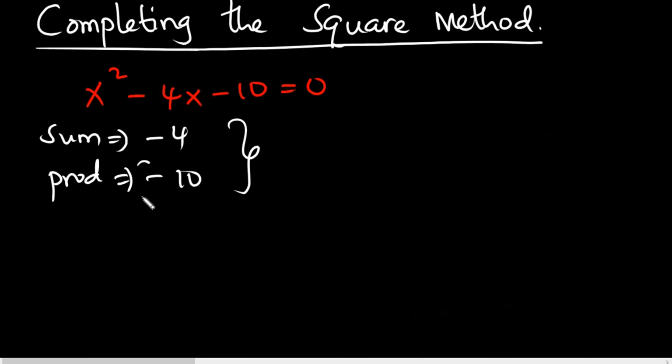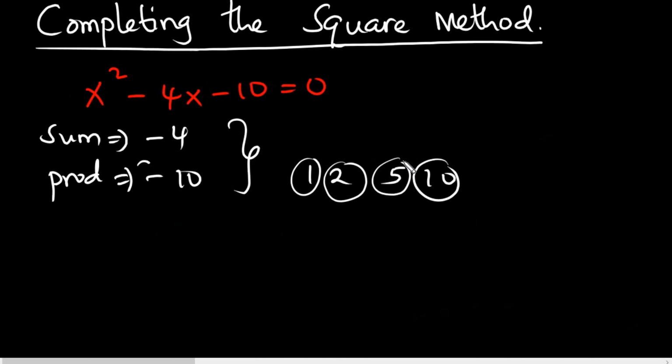So if we take the factors of 10, that is 1 and 10, 2 and 5. So you see there's no way we can have 1 and 10 and give us a sum of -4, and the same case for 2 and 5. So you see it becomes difficult to use the factorization method in this case.